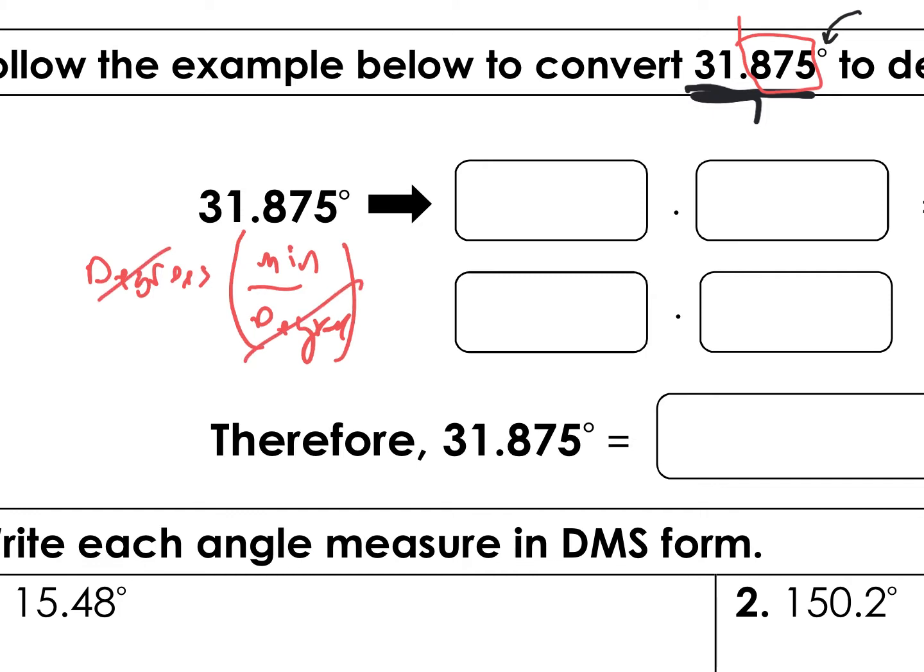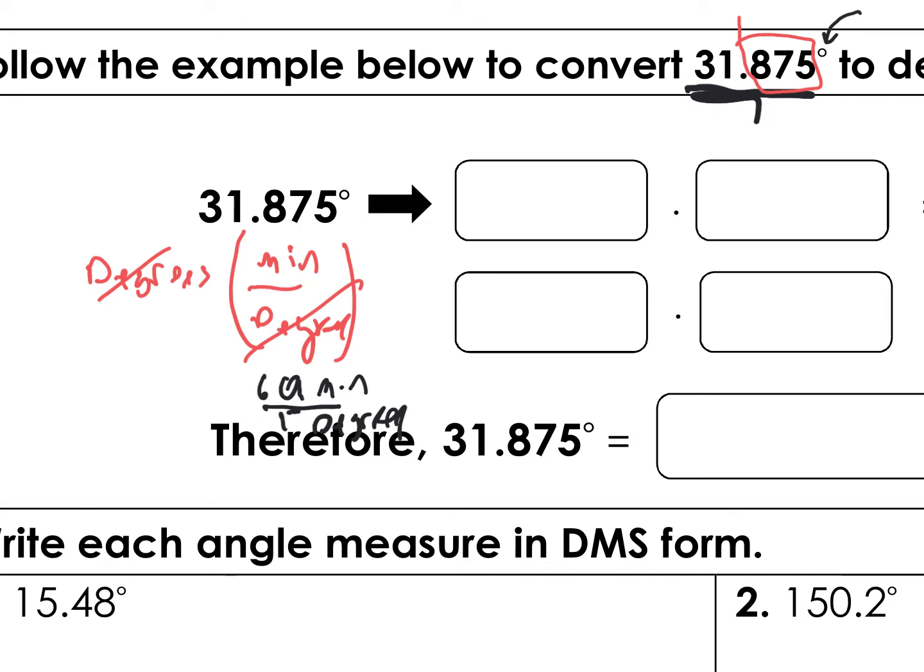So when I say minutes per degree, it's a fraction that's equal to 1. Well, what would this fraction be? This fraction would be 60 minutes for 1 degree.